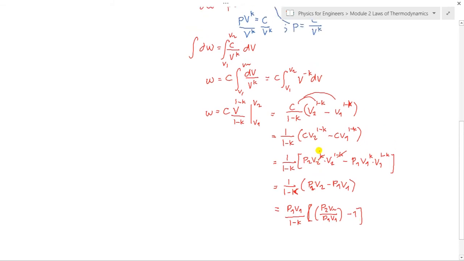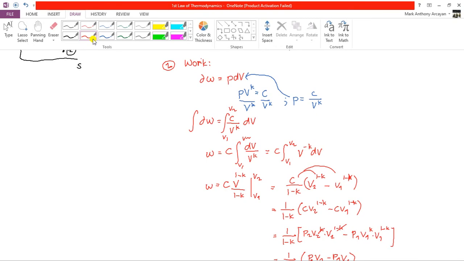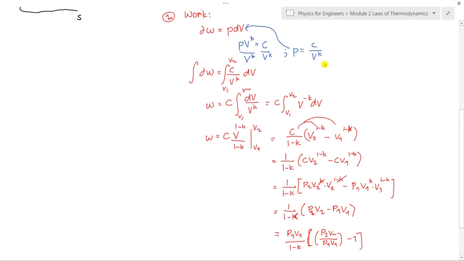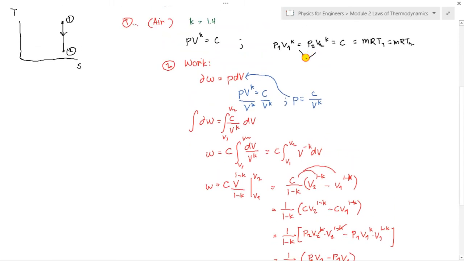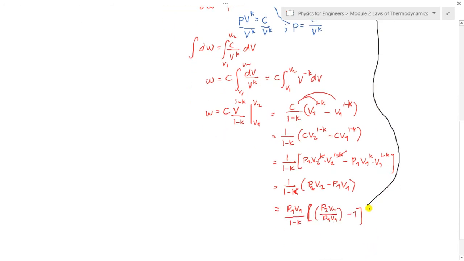Okay? And as we all know, from here, class, in this relation, the ratio P2 over P1, if we modify it, P2 over P1 is just equal to V1 K over V2 K. So we can substitute that here below, in the P2, so that it is in terms of V1 only.